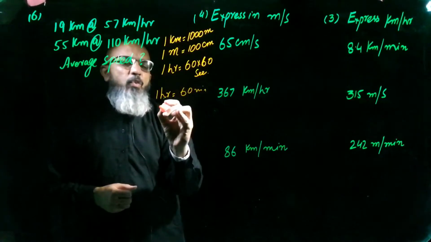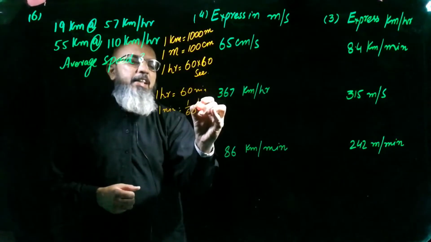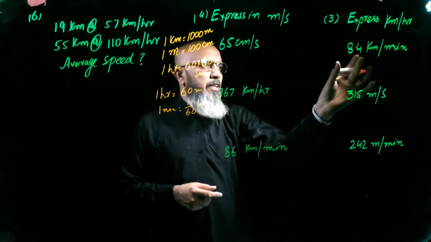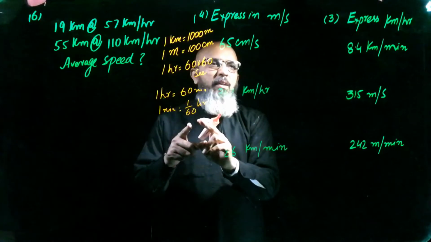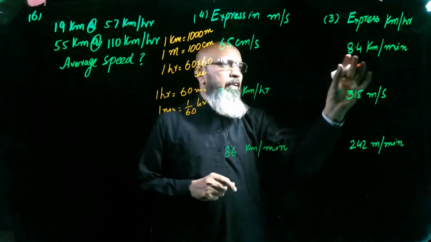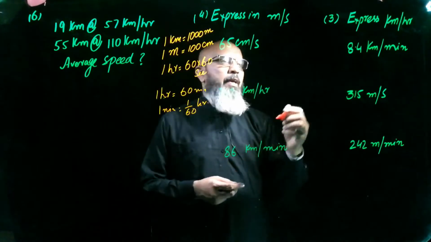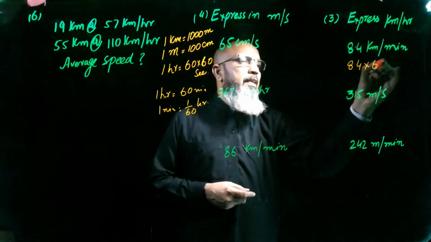So it means 1 minute is equal to 1 over 60 hour, right? So when you change minutes into hours, you will multiply with 1 over 60 hour, and when it goes into multiplication it will come reciprocal, means 8.4 multiplied by 60.